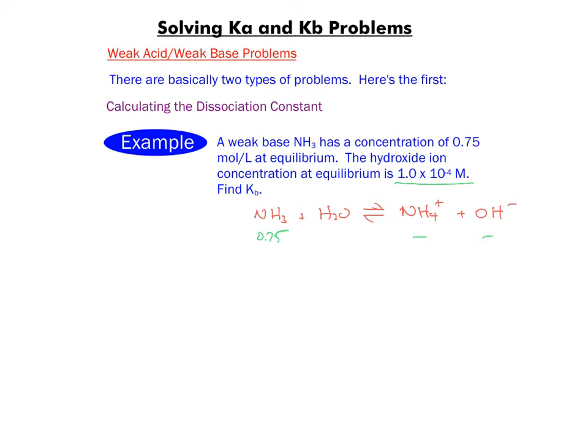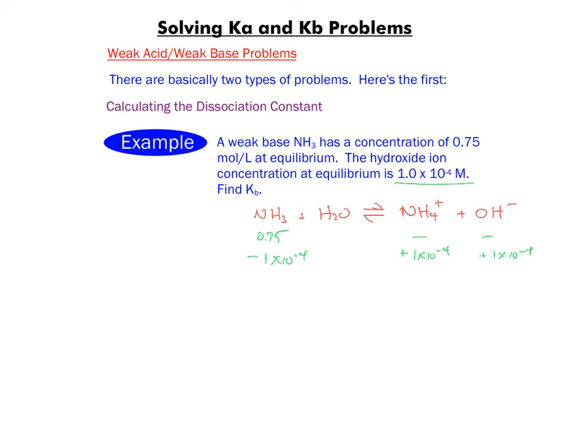So that's being added. So it's going to be plus 1 times 10 to the negative 4, plus 1 times 10 to the negative 4. And because the molar ratios are all 1 to 1 to 1 to 1, we're going to go minus 1 times 10 to the negative 4. That's being taken away from the 0.75. And what is that going to give us?